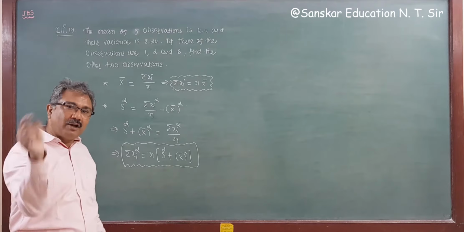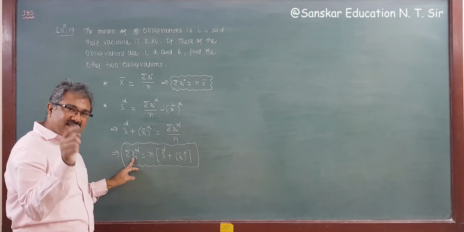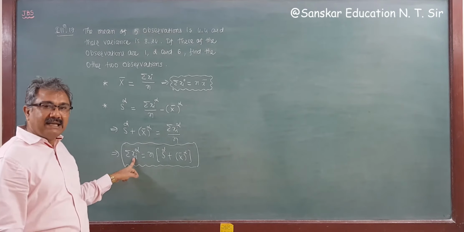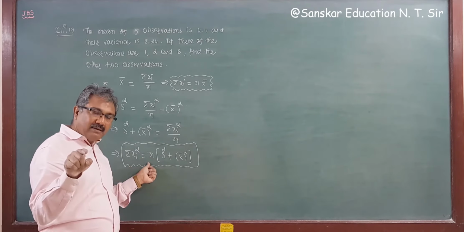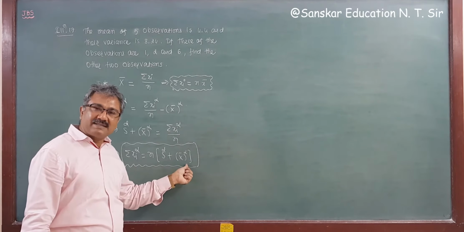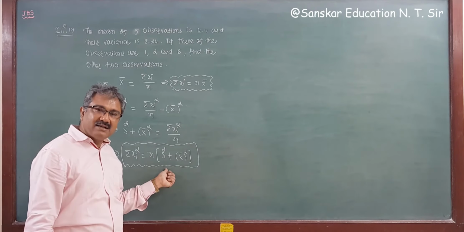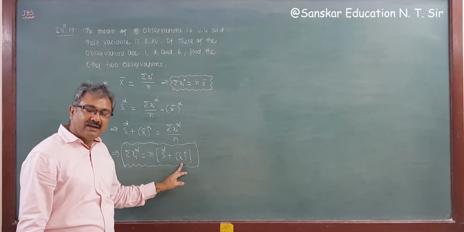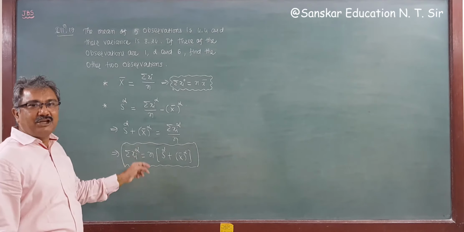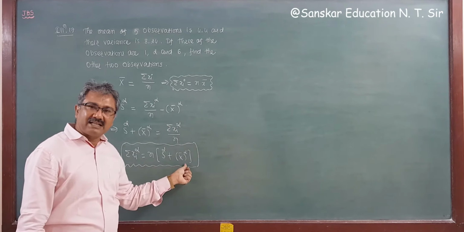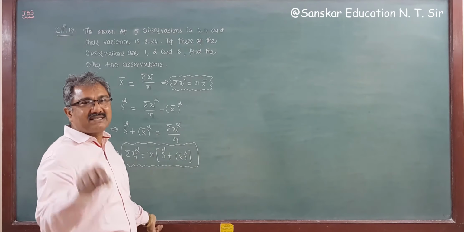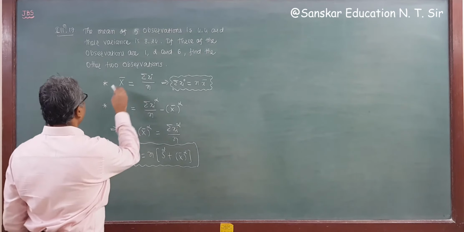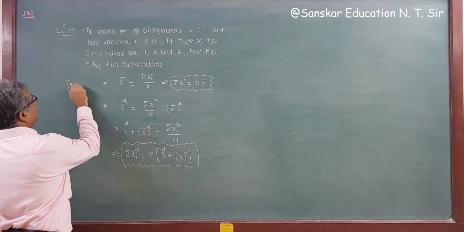And the sum of the squares of the observations, x1 square, x2 square, x3 square, is n into s square plus x bar square, where s square is the variance and x bar square is the square of the mean. So the sum of the squares of the observations is n into s square plus x bar square, and sigma xi, the sum of the observations, is n into x bar. You have to remember this, it is an important aspect.